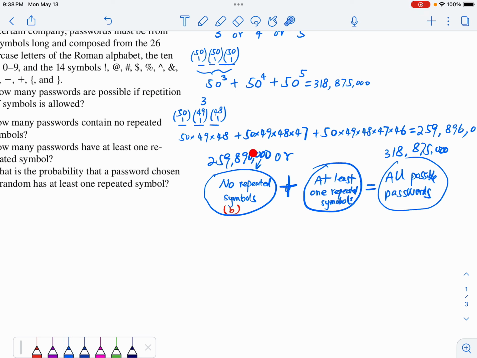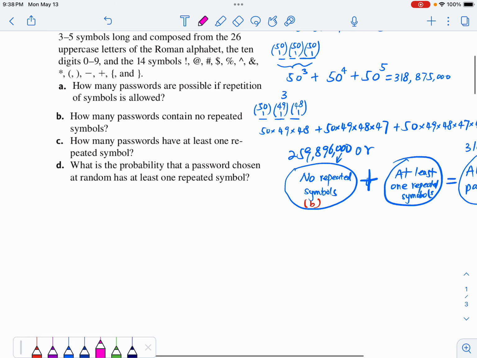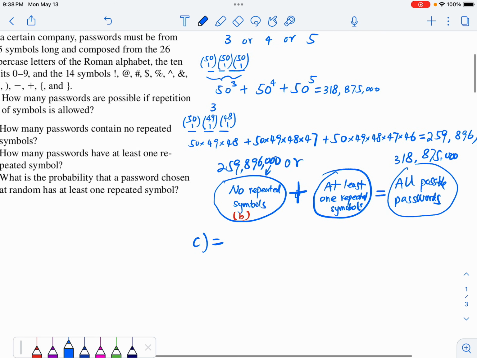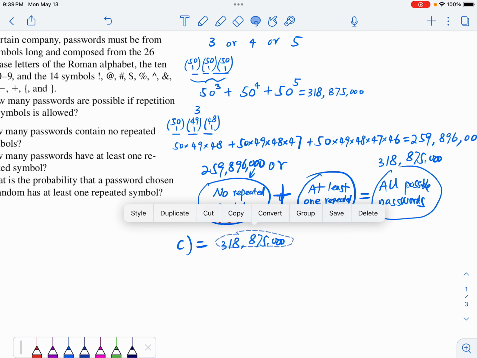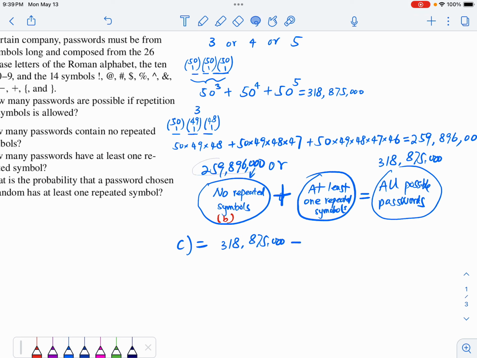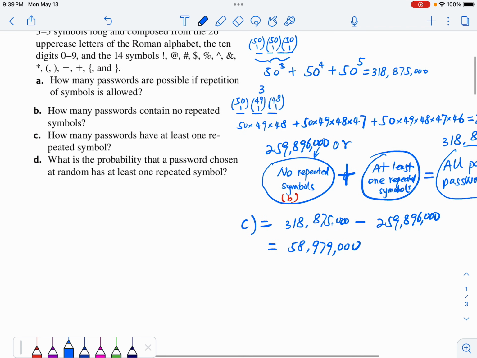So when you subtract this, you will get this one. So for part C, it will be this guy minus this guy. That turns out to be 58,979,000, and that's for at least one repeated symbol.